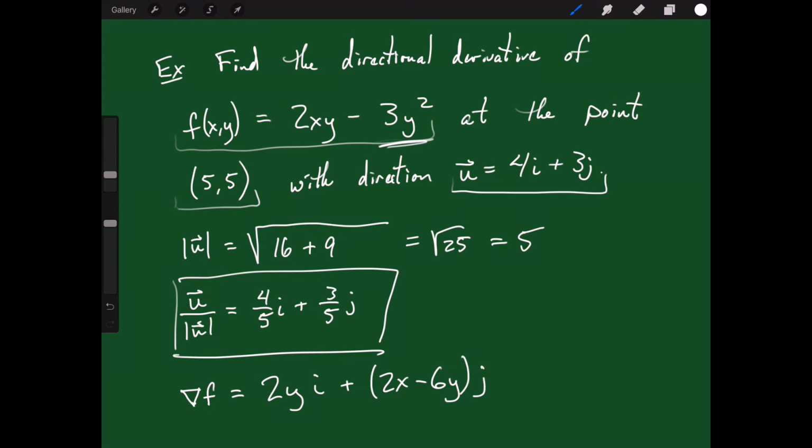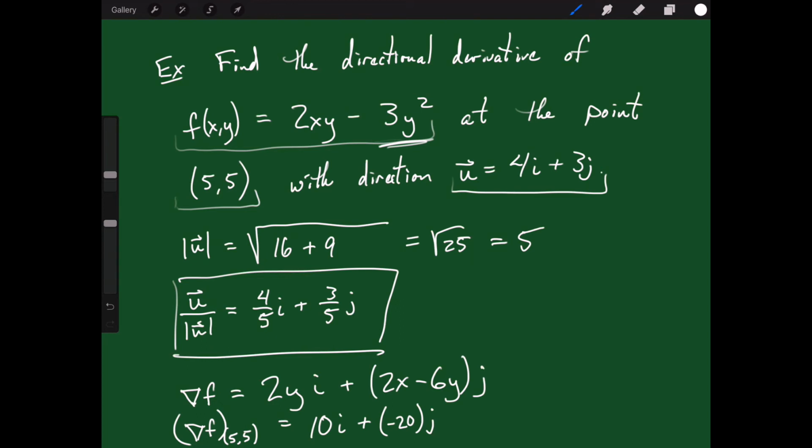So if I want to evaluate that specifically, let's say I want the gradient of f evaluated at this point, 5, 5, then that would give me 10i plus, if I evaluated this at 5, 5, I'd get 10 minus 30, which is negative 20, in the j direction.